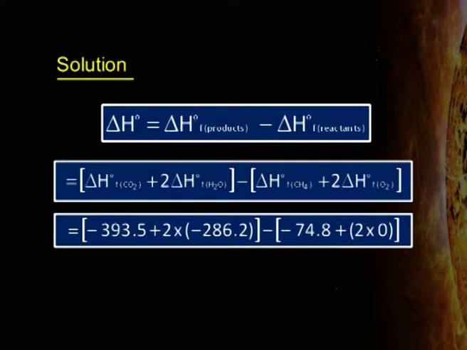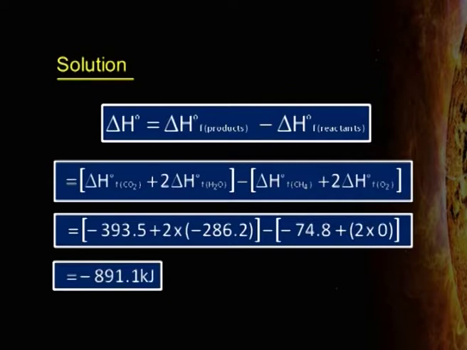It is because the heat of formation of oxygen will be equal to 0. Therefore, delta H naught of reaction will be equal to minus 891.1 kilojoule.